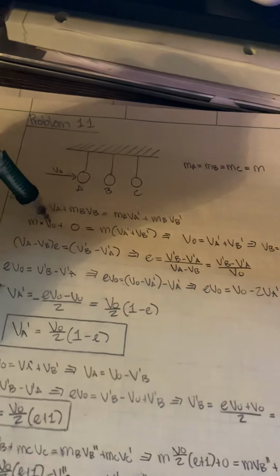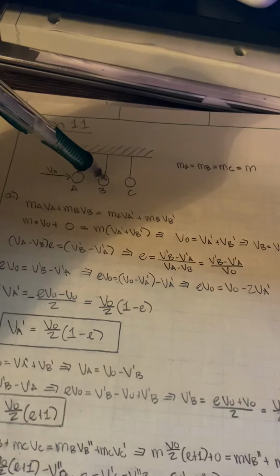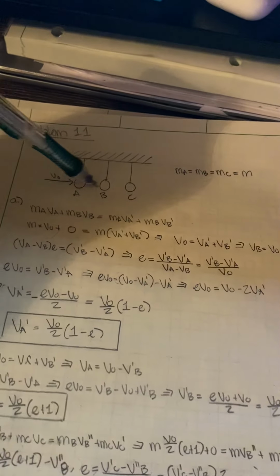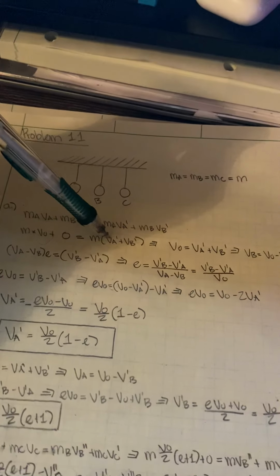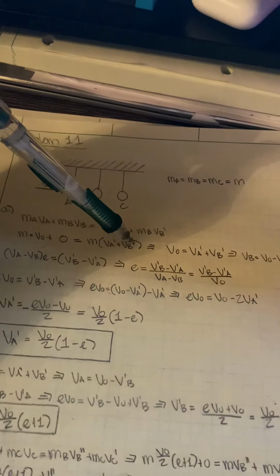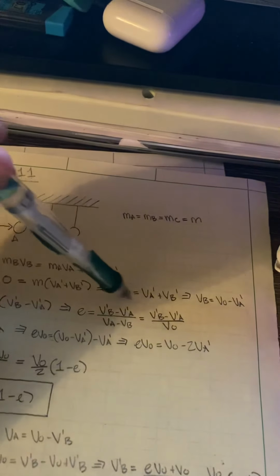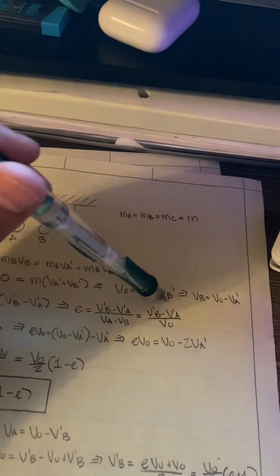B won't have one yet because it'll still be at rest, so it'll be 0, because immediately after it's hit, this will have a 0. And then we're trying to find the velocity of these once it's hit and they hit against each other. So we simplify the initial velocity to get this equation, and then we can simplify some more to get VB equals the initial velocity minus VA1.